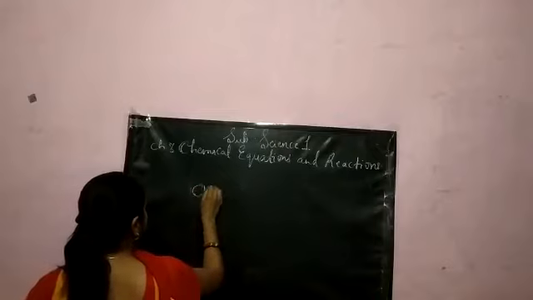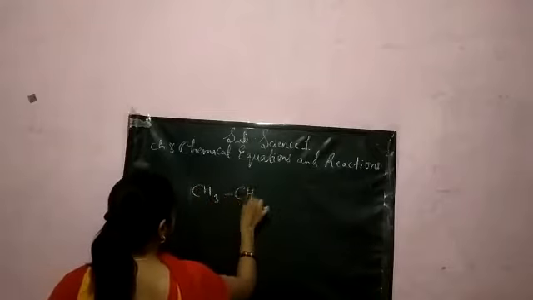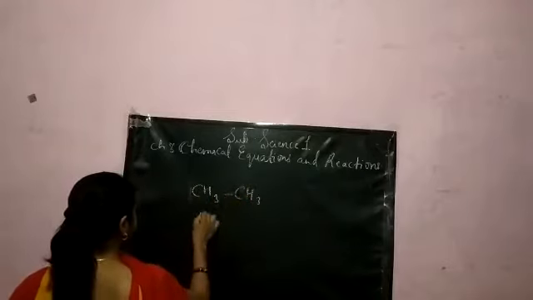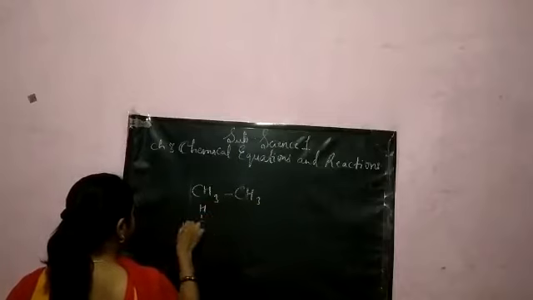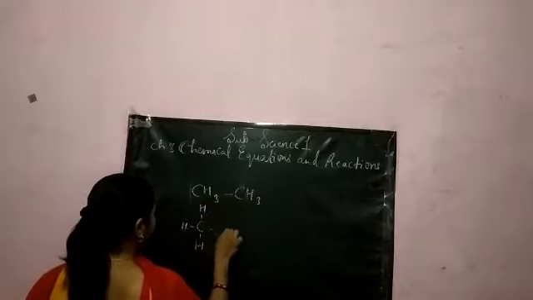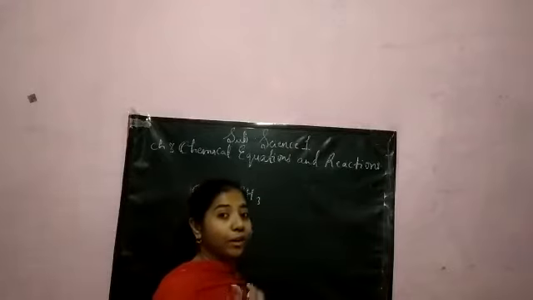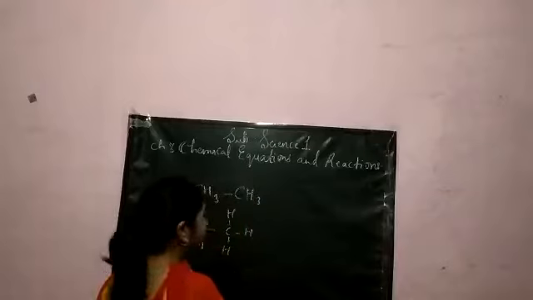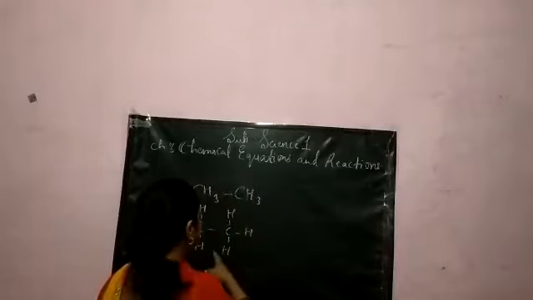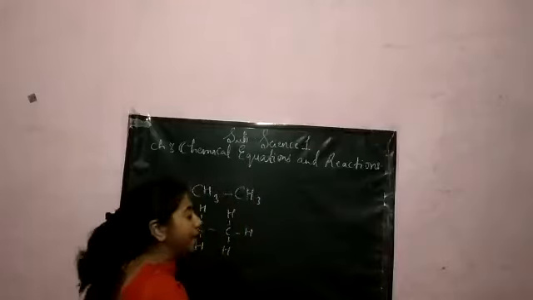Let's see another example. There is ethane given, CH3, CH3. You can also write like this. This is the structural formula of ethane. Ethane is an alkane. You have already studied this in 9th standard that there are saturated hydrocarbons, and alkanes are saturated hydrocarbons, and ethane is one example of it.